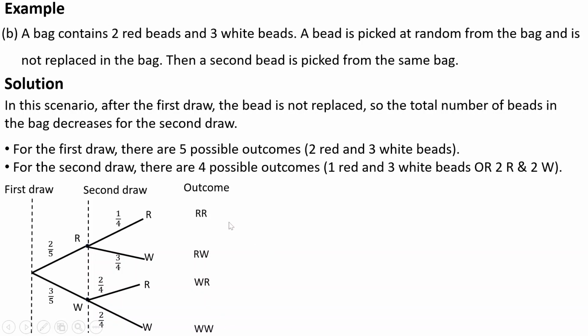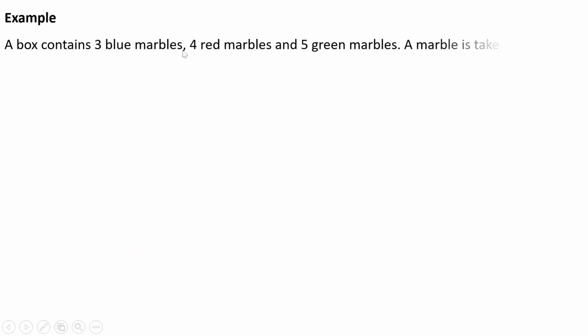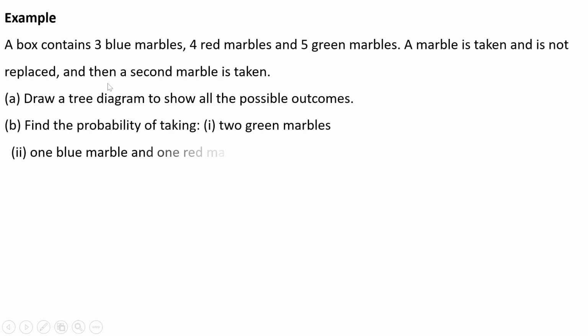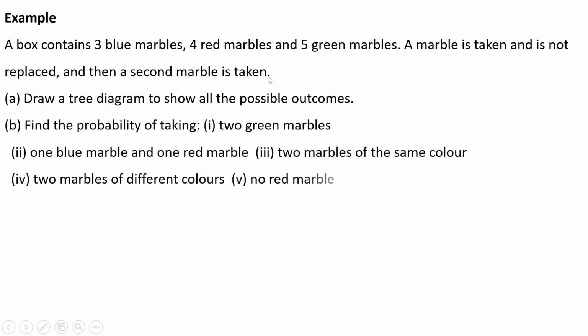Okay, so let's move on to the second example, which says a box contains 3 blue marbles, 4 red marbles, and 5 green marbles. A marble is taken and is not replaced, and then a second marble is taken. So we have 3 blue, 4 red, 5 green marbles: 3 plus 4 is 7, plus 5, 12 marbles in total.